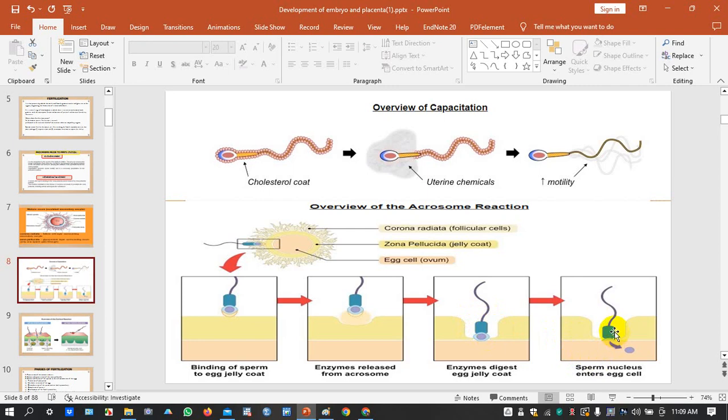Then, after digesting it, it releases its genetic material. So the nucleus enters the egg cell, and this process is what we call the acrosome reaction. The acrosome reaction is the reaction of the acrosome layer with the zona pellucida to end up releasing the nucleus of the sperm cell into the egg cytoplasm.